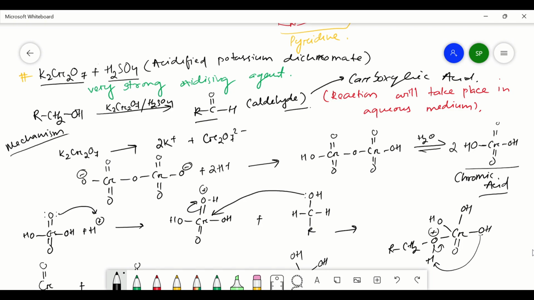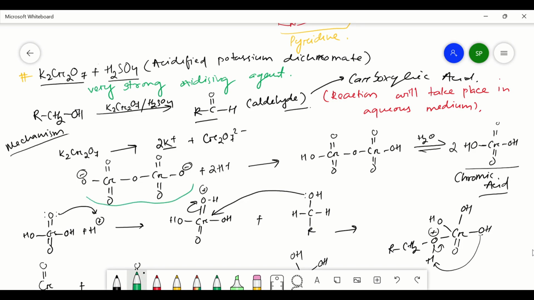So first of all, this potassium dichromate will dissociate into two K plus ions, or two potassium ions, and dichromate ion. This dichromate ion is Cr2O7 2-. The structure of this ion is two chromium bonded through one oxygen atom.